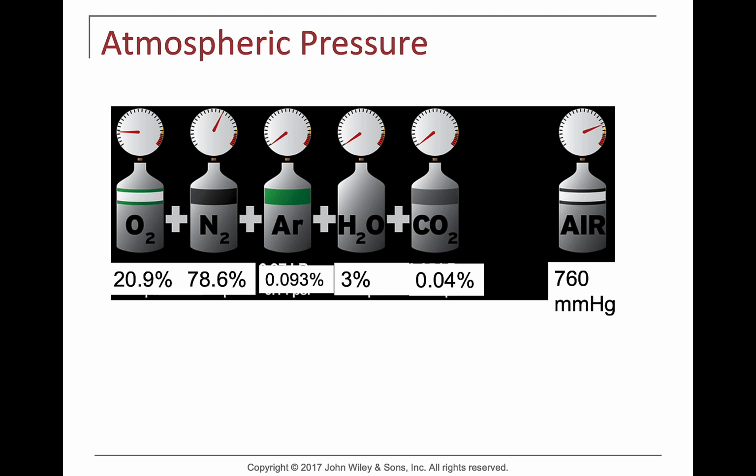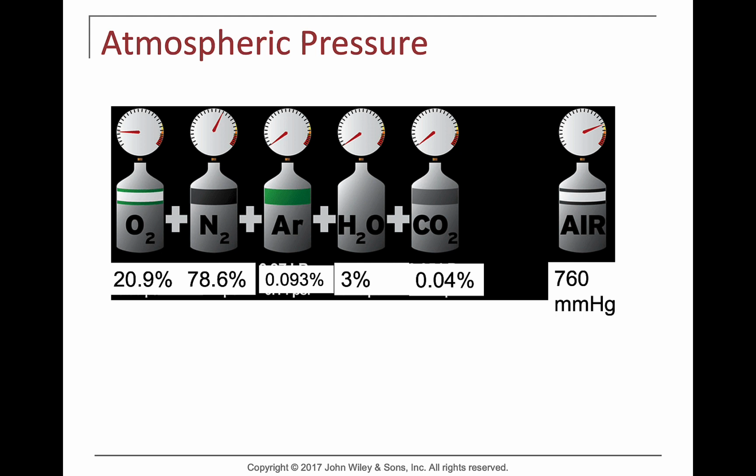You need to know how to convert the percentage of a gas in the atmosphere to its partial pressure. To do that, you would simply convert the percent to a decimal and multiply it by the entire pressure of the atmosphere, which is 760. So for instance, if we wanted to find the partial pressure of oxygen in the atmosphere, we convert its percentage in the atmosphere to a decimal.